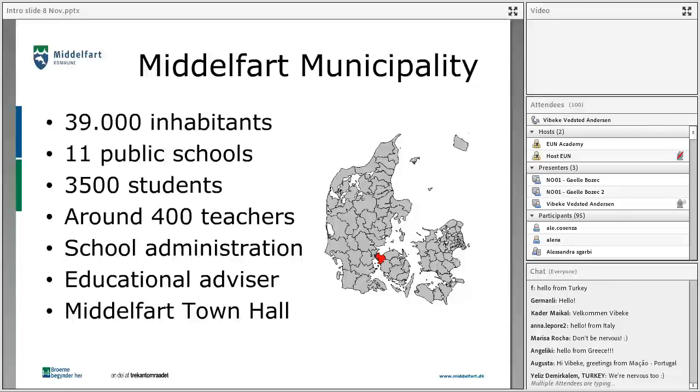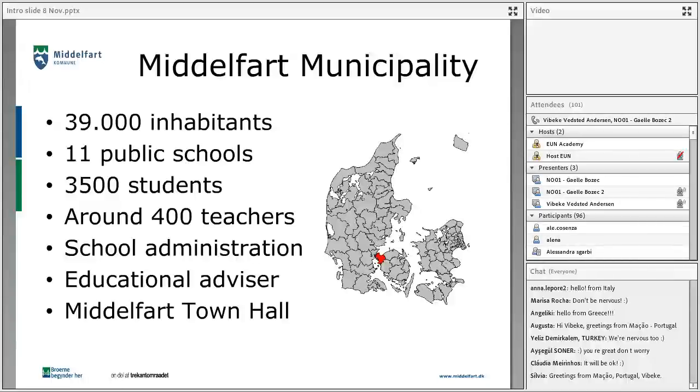So, Middelfart municipality is right in the middle of Denmark, as you can see here on the map. We are a quite small municipality with around 40,000 inhabitants. We have 11 public schools, and it is the municipality that runs and administers these schools.